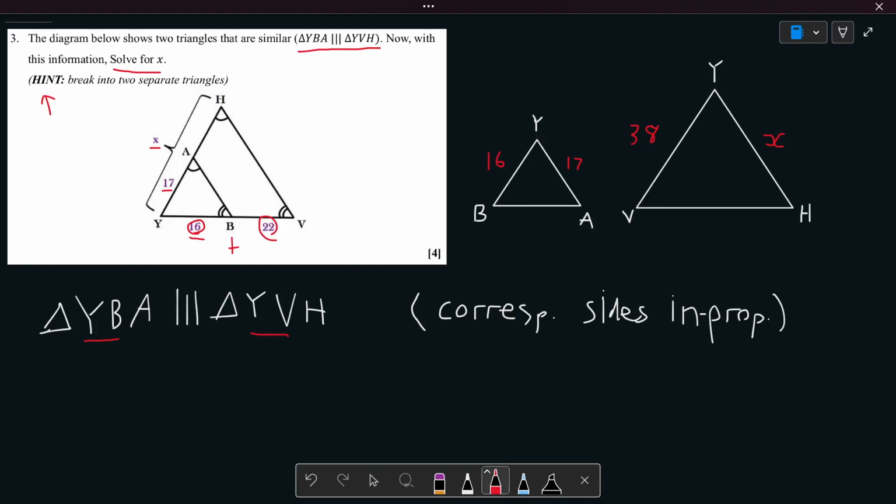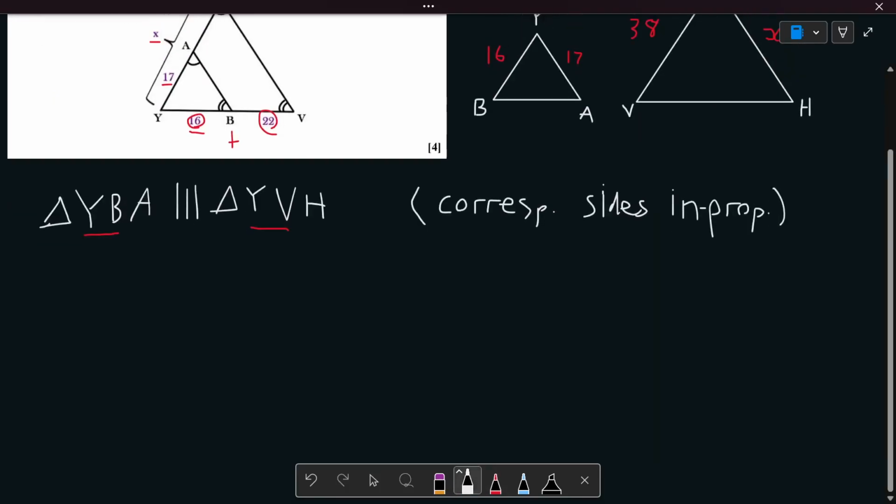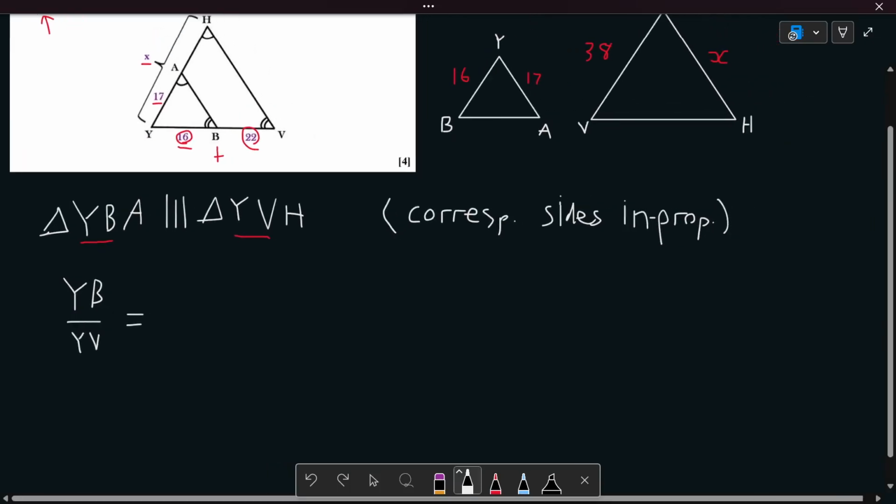So we're going to say that YB over YV is a ratio and equal to. Remember from similarity, when we use corresponding sides in proportion, we know that all of the ratios are going to be exactly the same. So we can make all of these equal to each other.